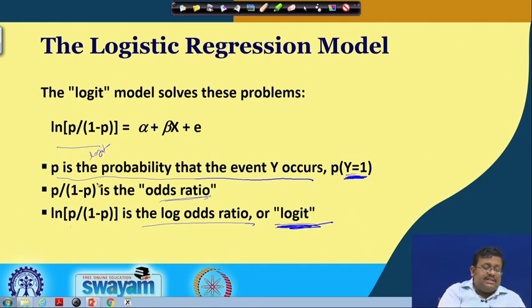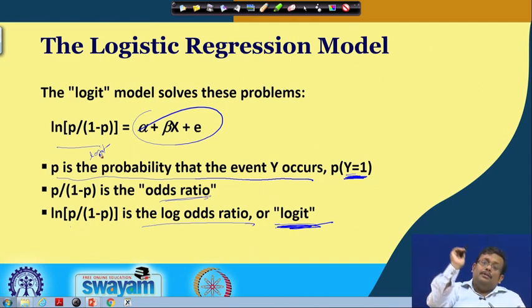This logit is modeled by a linear regression form. So, instead of targeting a particular target variable, we are converting it into a logit, and we are predicting this logit using simple linear regression or multiple linear regression.